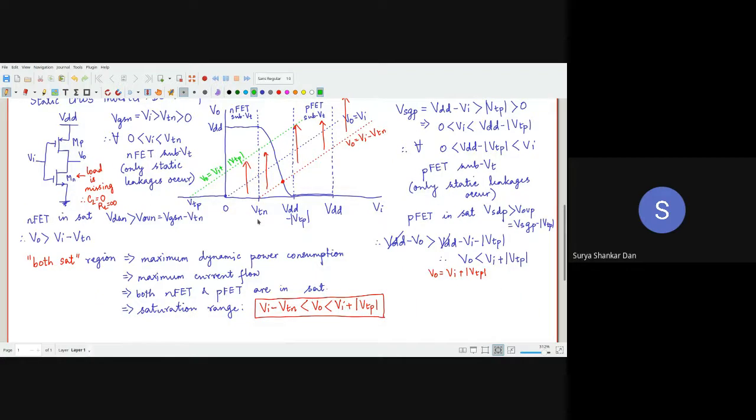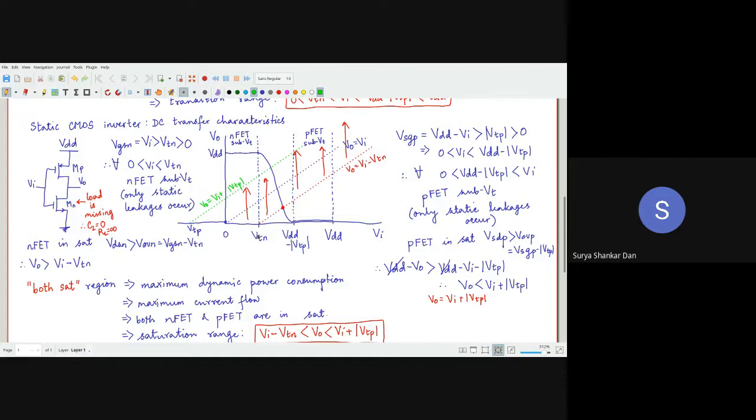What is the condition? VO has to be less than VI plus VTP. That means every part of this DC characteristics below this point, that means PFET will be in saturation. So I'll just draw it like that.